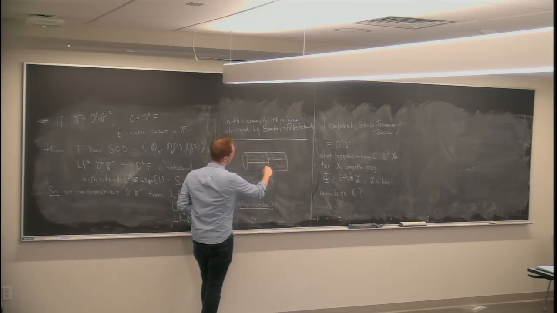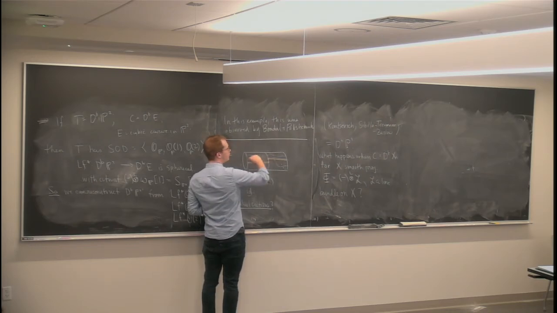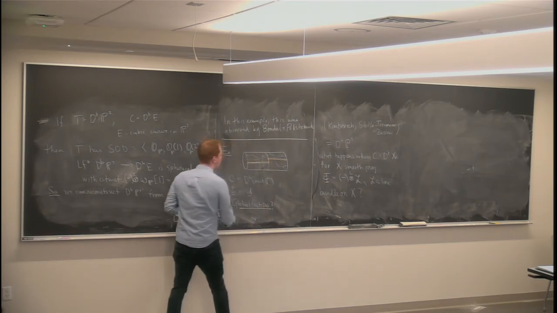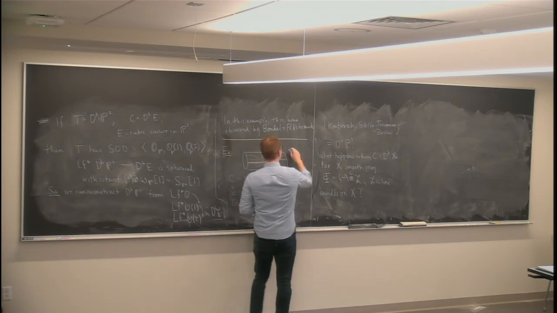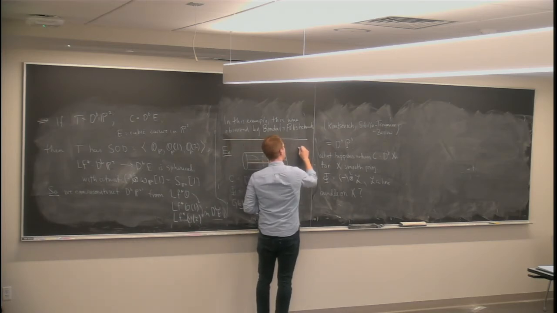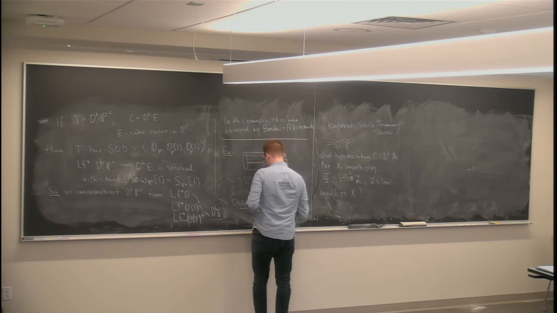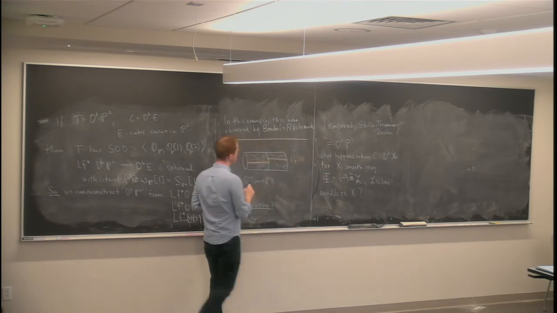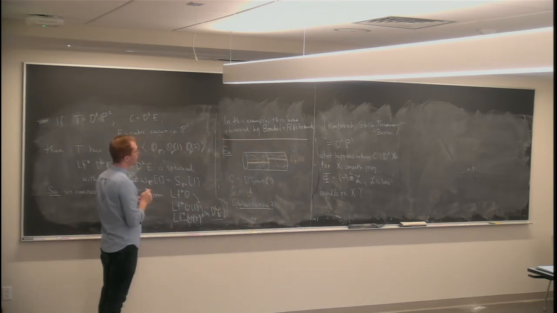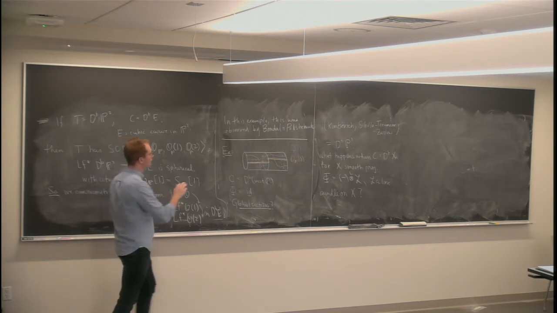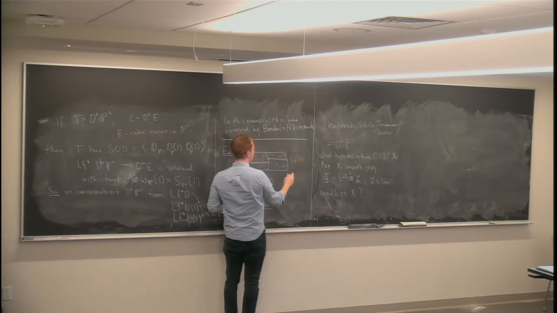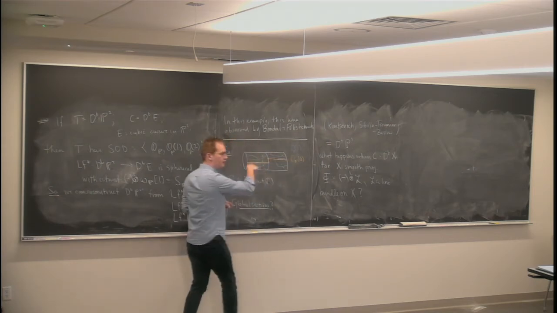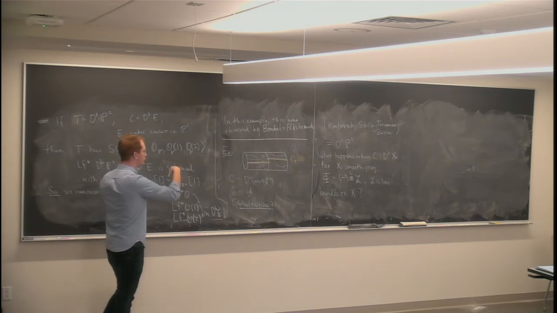If you look at the objects that correspond to the colored lines I've drawn here, they correspond to O of P1, O(1) of P1, and the orange one corresponds to O of P1. Okay, so these two objects give you an exceptional collection in the category of global sections, and what you see is that these objects generate the category.